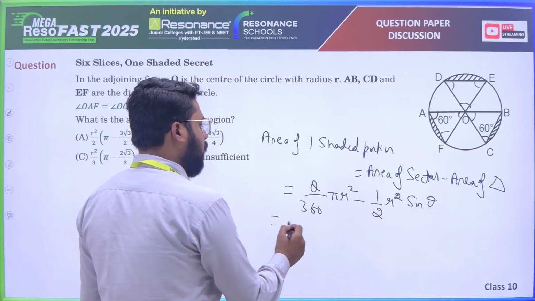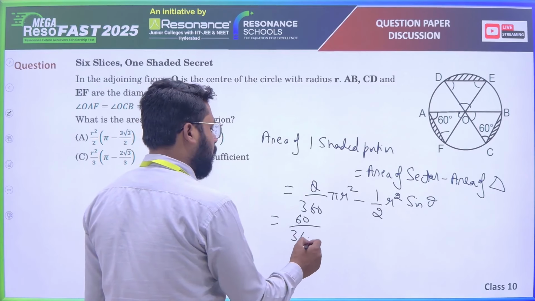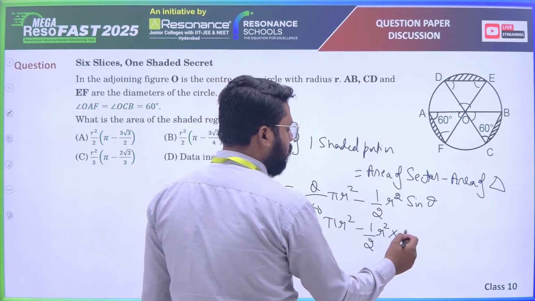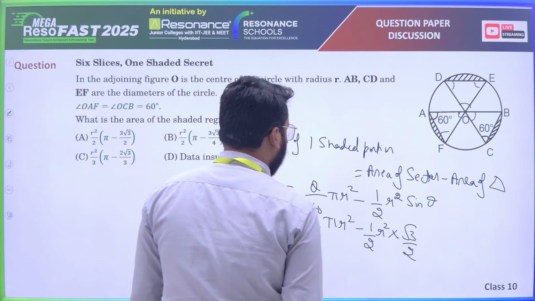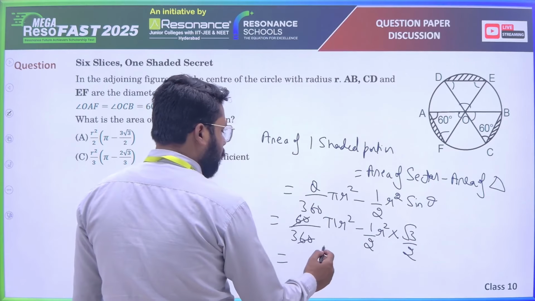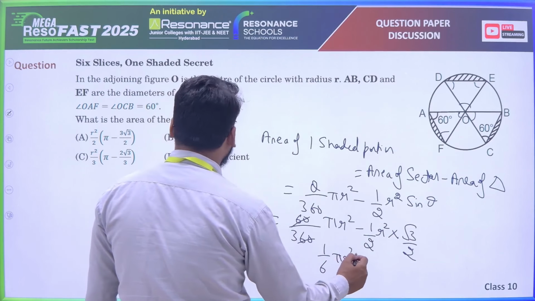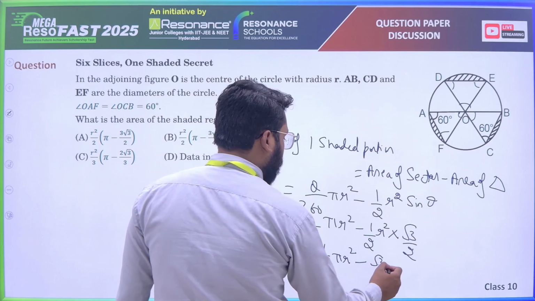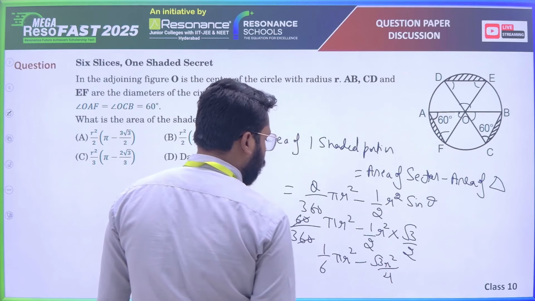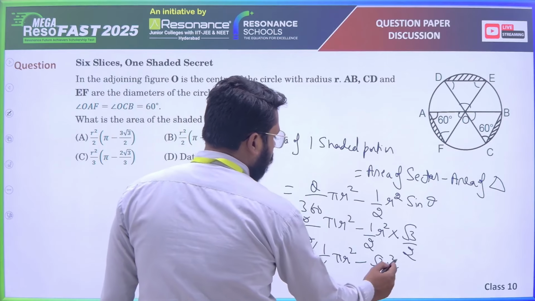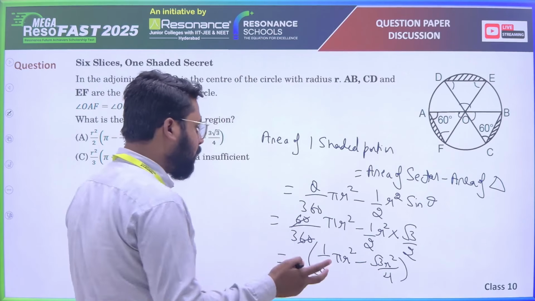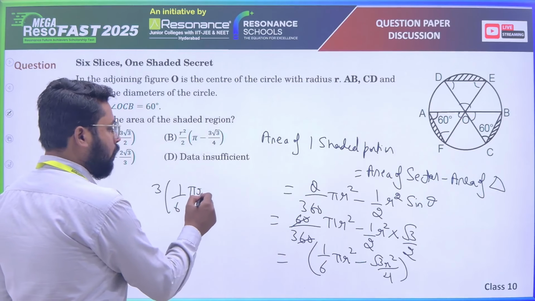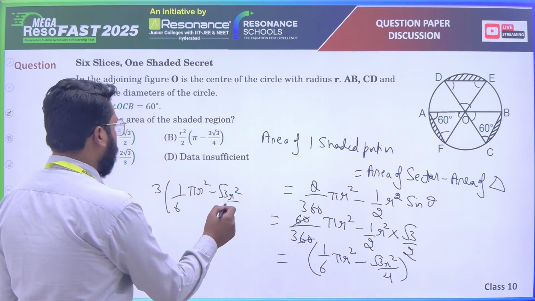So theta is 60, so 60 by 360 pi r square minus 1 by 2 r square sine 60, which is root 3 by 2. So this will come to 1 by 6 pi r square minus root 3 r square by 4. This is the area of one segment. We need the area of three segments, so we will multiply this by 3.